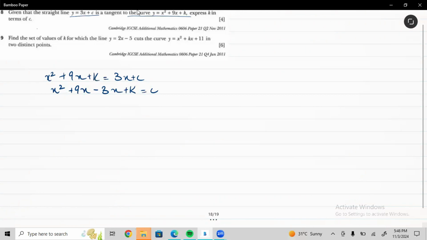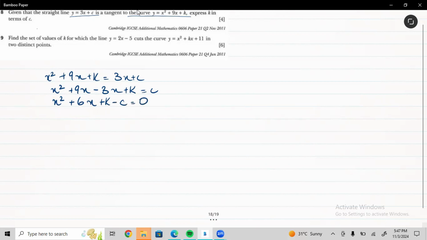And we are going to get x squared plus 6x plus k minus c is equal to 0.